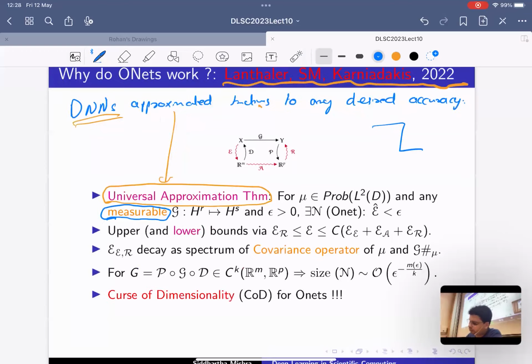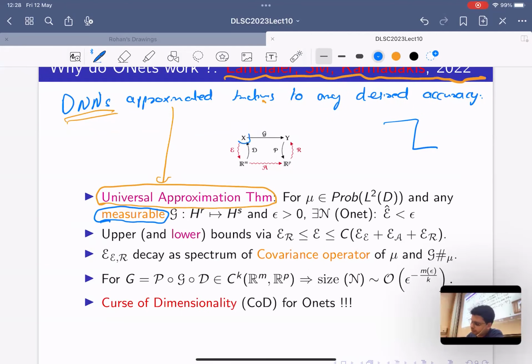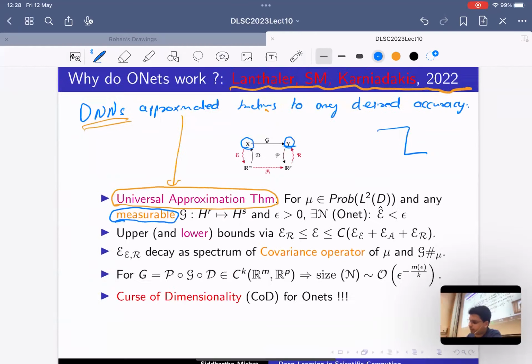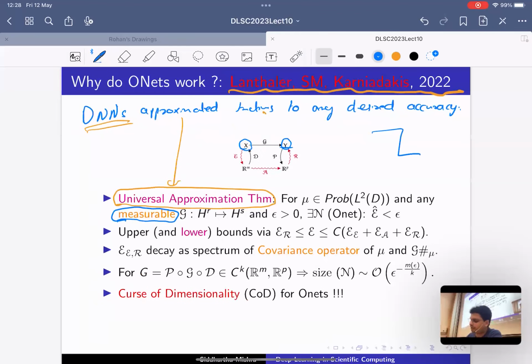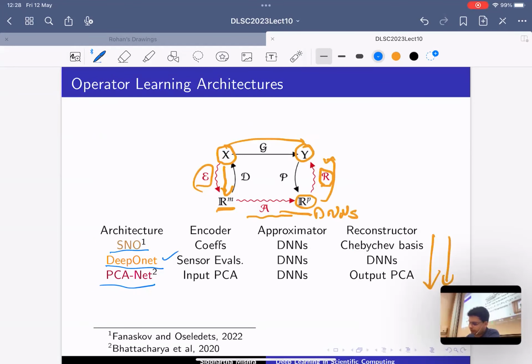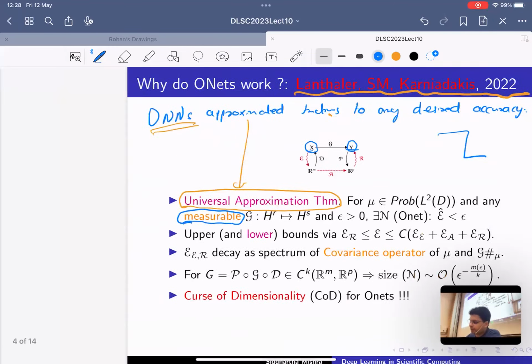After all, our whole objective is mappings between an infinite dimensional space and an infinite dimensional space, Banach spaces or function spaces. So the question that one asks is, in the same way that deep neural networks approximate functions, can the objects that we constructed, things like DeepONet or SNO or PCA-net, can they approximate operators?